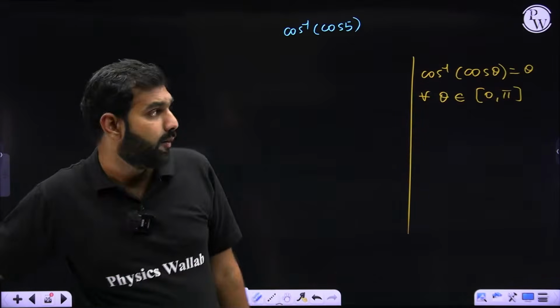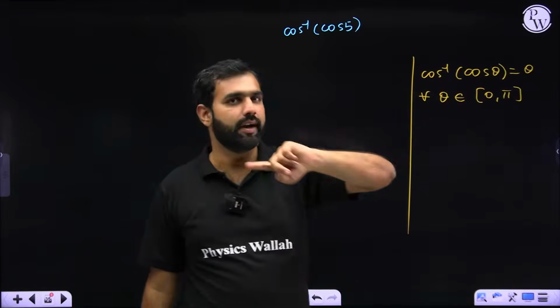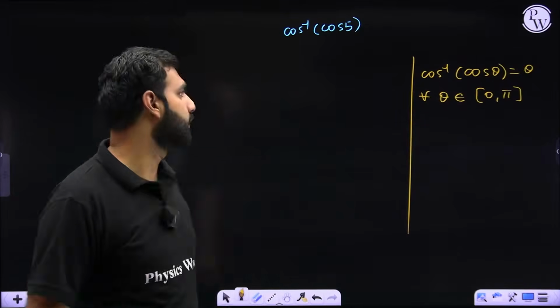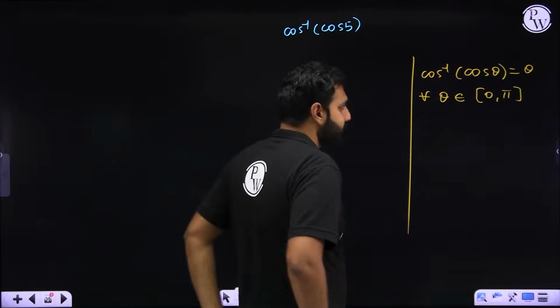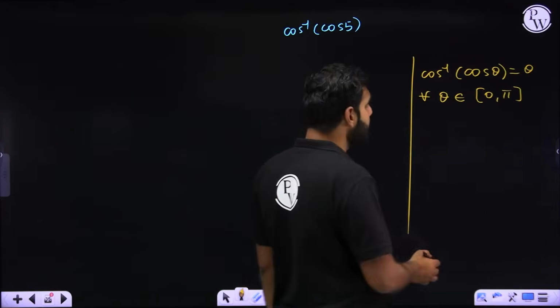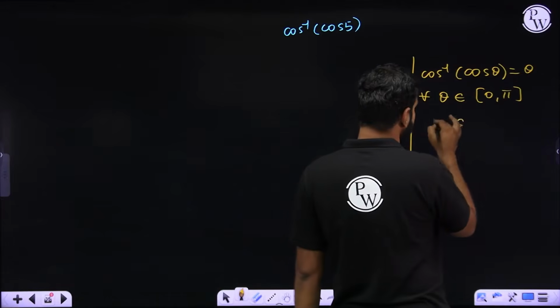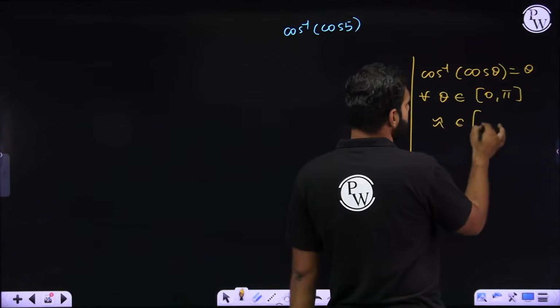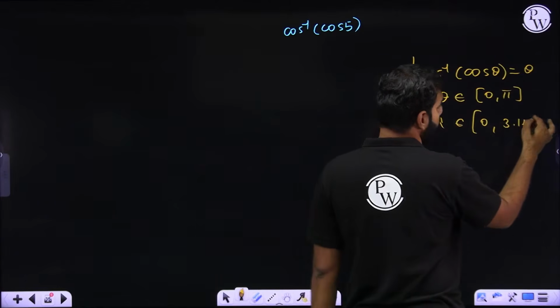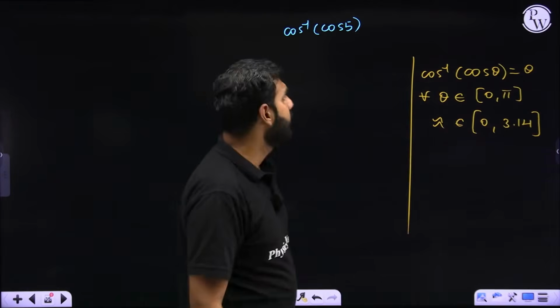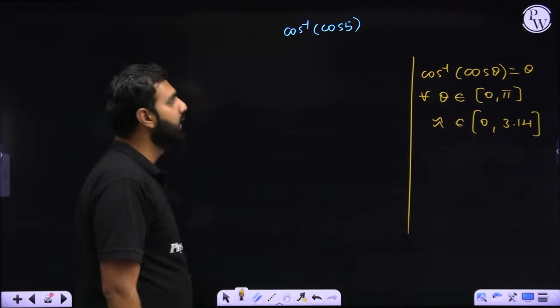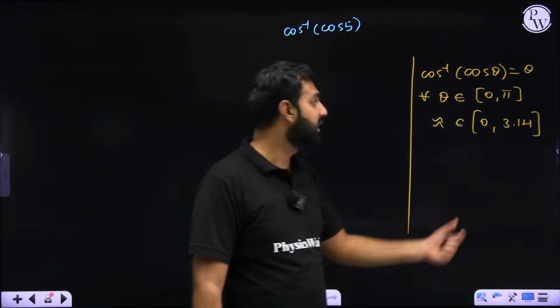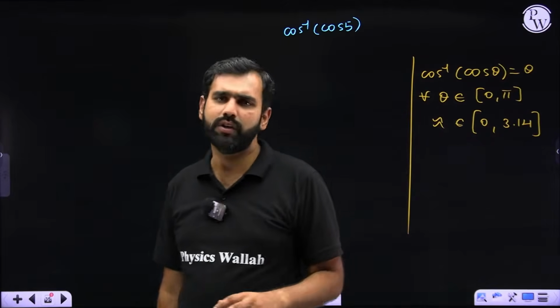So here, if I'm talking about cos inverse of cos theta, it will be theta as long as theta is between 0 to pi. What does it mean? This clearly means that the approximate value should be from 0 to 3.14. Now, if I get back to the discussion we are having, here what is 5? Sir, 5 is greater than 3.14. So that wouldn't do justice here.